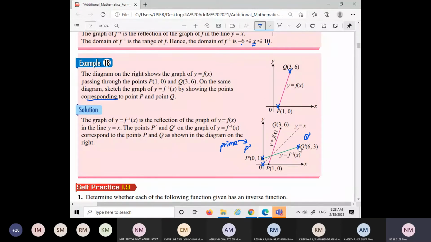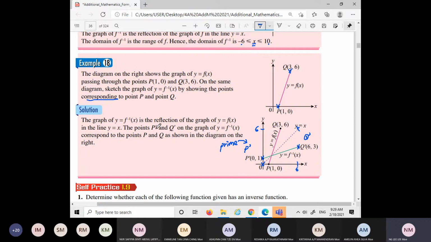The other point you can use, maybe (6, 6). Use a dotted line for y equals x, because this is not the answer. The function f and the inverse are the answer, so we use a solid line, and then you label this f(x), and this f inverse.